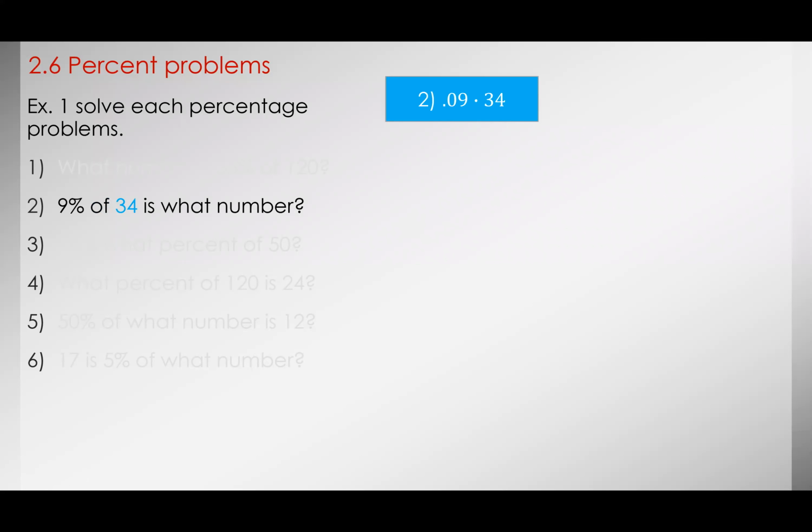The word is is equal, and the words what number, I don't know what number, so therefore that is my X. And the only difference between this problem and number one is your X is on the left for number one, and over here your X is on the right. But again, it doesn't make any difference. Your X is by itself. All you need to do is type in your calculator 0.09 times 34, and you will get 3.06, which is the number that you have.